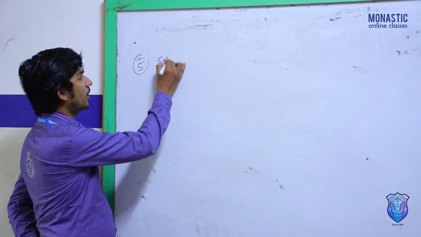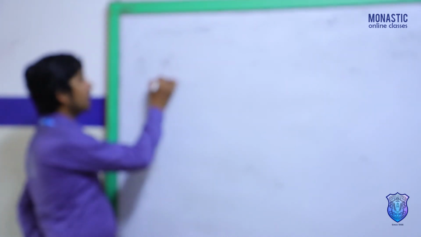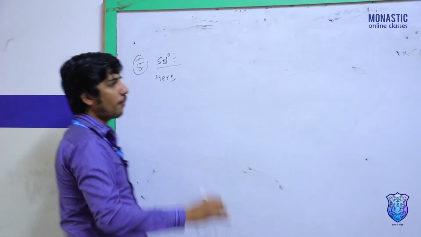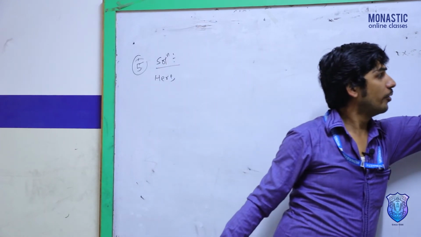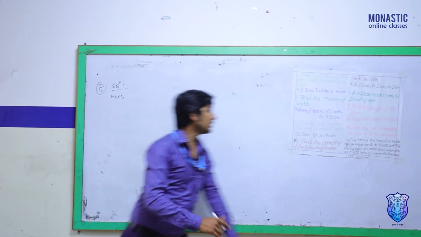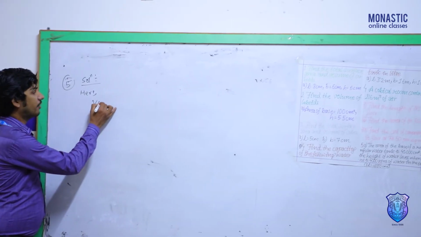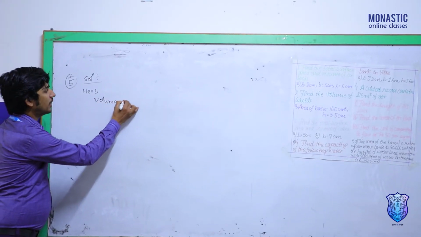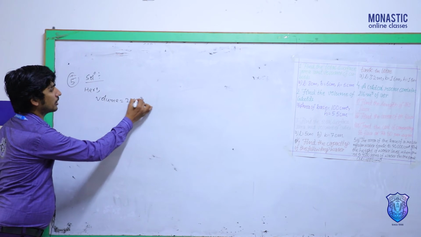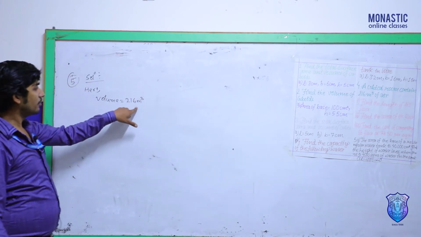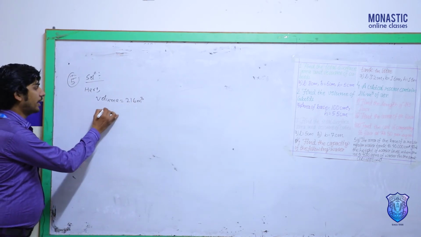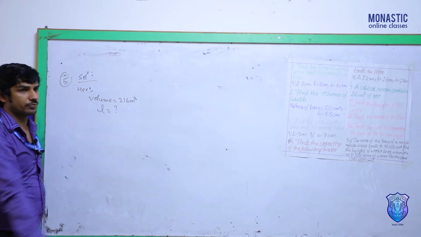See, simply we can say what is given? The cubic meter. Cubic meter means volume is given there. How much? 216 cubic meter. From this, first we find its length.